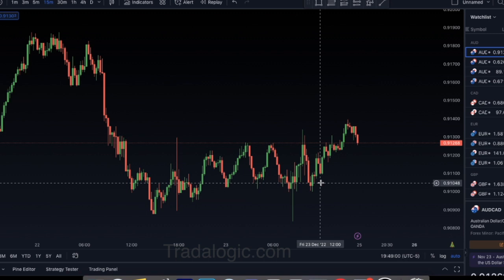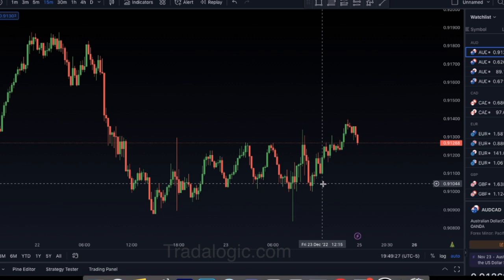There are pairs like TJ where if you look away for 10 seconds, you can miss out on the trade. You can get stopped out in 10 seconds or something like that. But Australian pairs move really slow, and I take my time every time I'm entering a trade, or anytime I'm trying to get out. I just do it at my own pace. So yeah, OCAD is probably one of my favorite pairs.